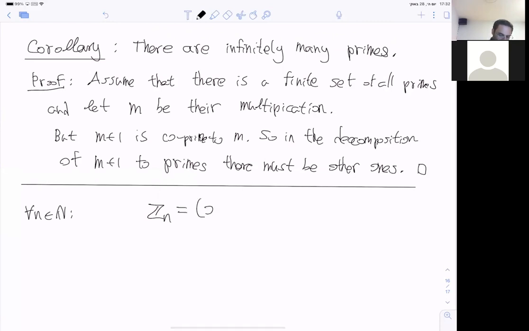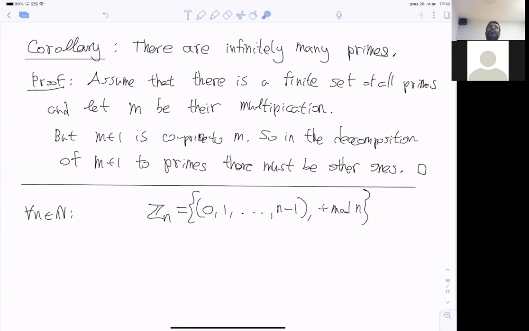So you have 0, 1 until n-1 together with plus modulo n. So this is an abelian group. It's also a cyclic one. It's being generated by this generator. I mean, every element here is infinitely many numbers, all having the same remainder modulo n.